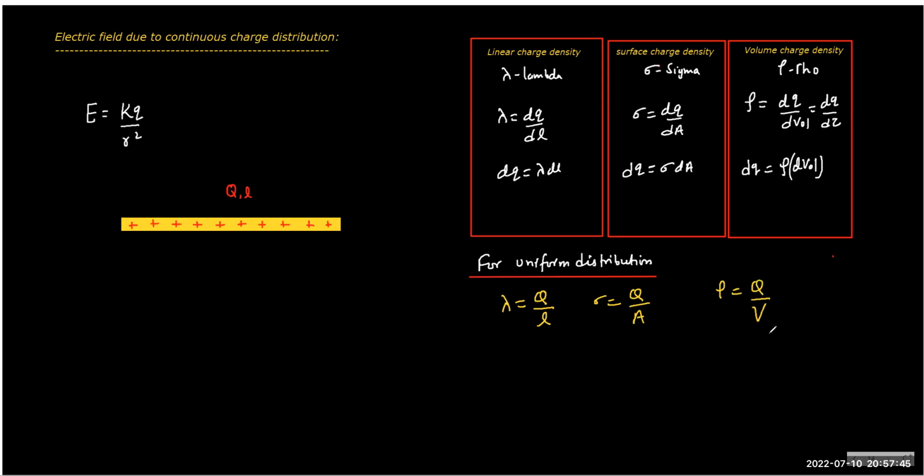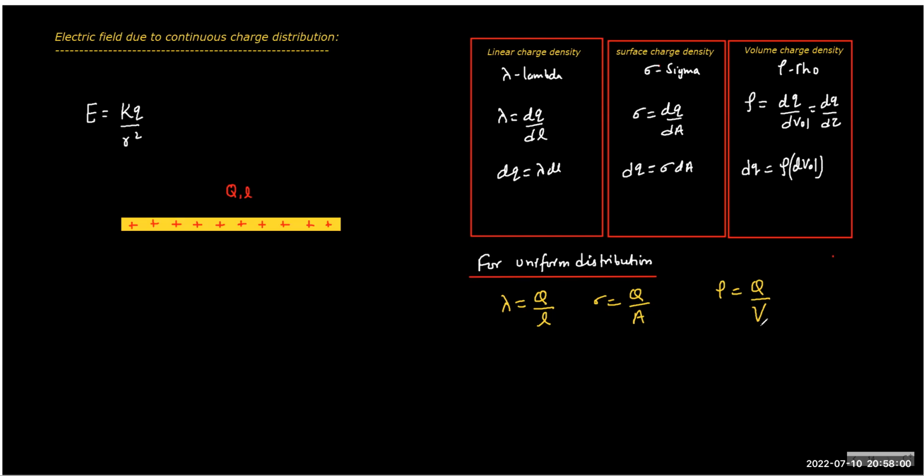Only when we have the uniform distribution is this way of writing okay. While solving problems, the dq relation should be written in terms of the various distribution terms mentioned there.